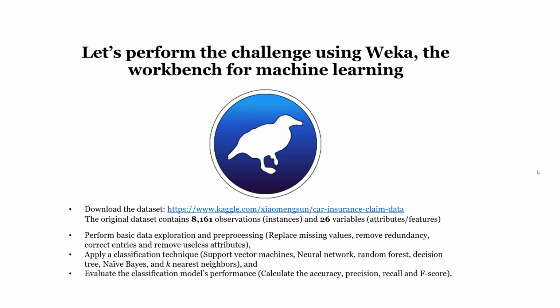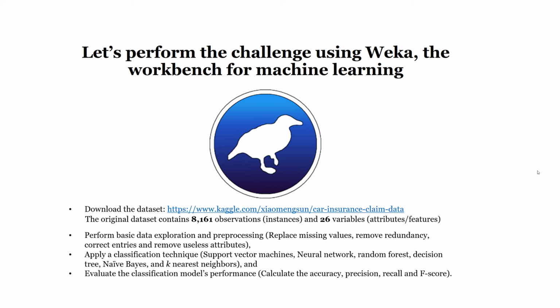So we're going to perform the exploration and the pre-processing. We're going to replace missing values. We're going to remove redundancy, correct some entries, remove useless attributes, all the pre-processing steps we talked about. We're going to apply classification techniques such as support vector machines, neural network, random forest, decision trees, and also naive Bayes and k-nearest neighbor.